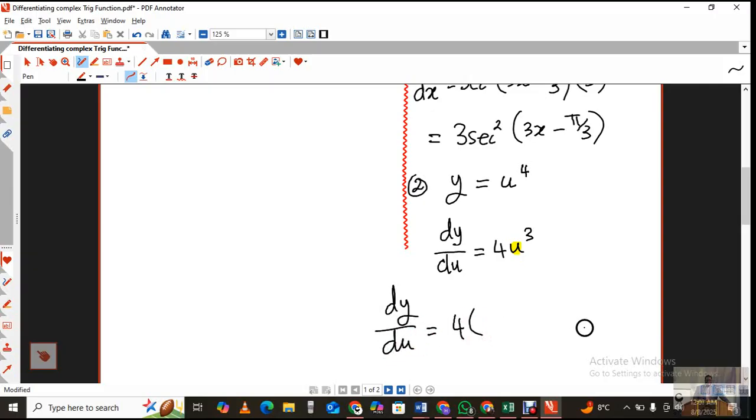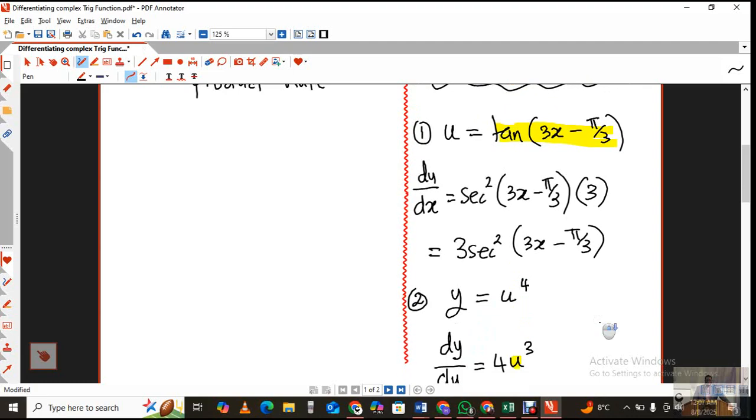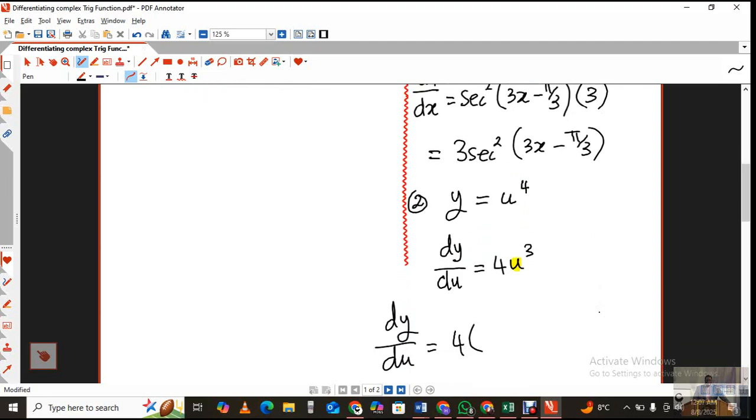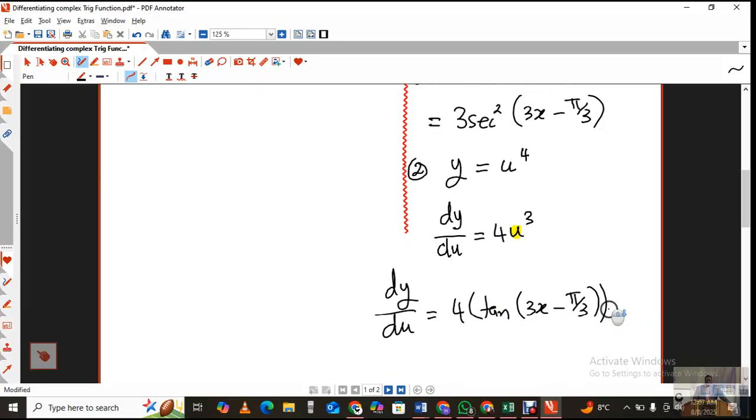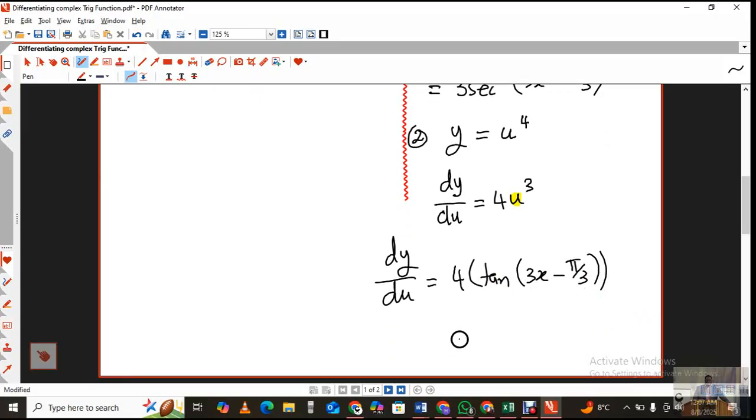Now what was our u again? It's tan of 3x minus pi over 3. Not actually any need for those brackets, so let me clean it up. So I say it's 4 tangent cubed of 3x minus pi over 3.